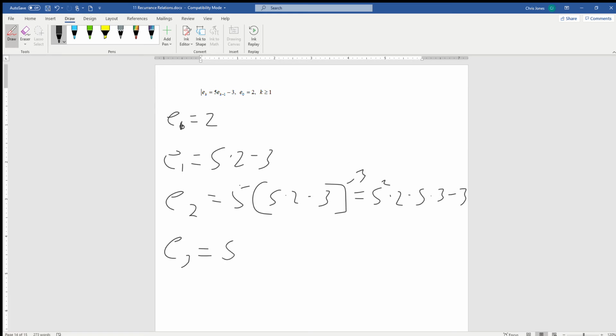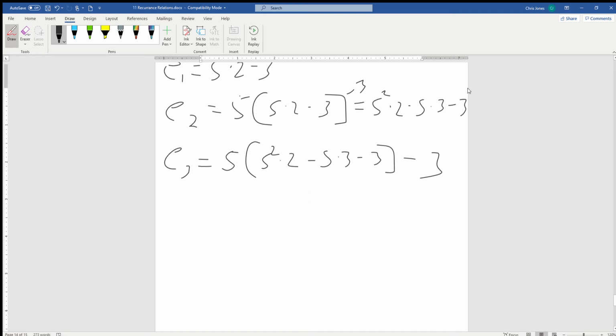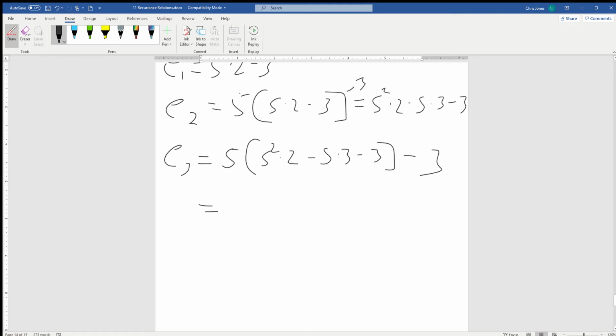E3, 5 times the previous iteration, so that's 5 squared times 2 minus 5 times 3 minus 3, minus another 3. And again, if we were to FOIL that out, or expand that, 5 cubed times 2 minus 5 squared times 3 minus 5 times 3 minus 3.